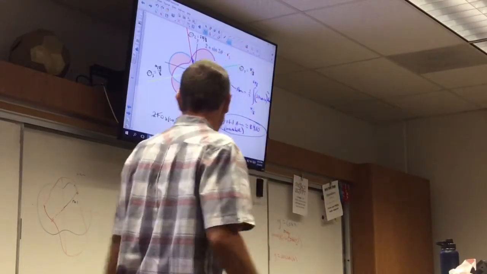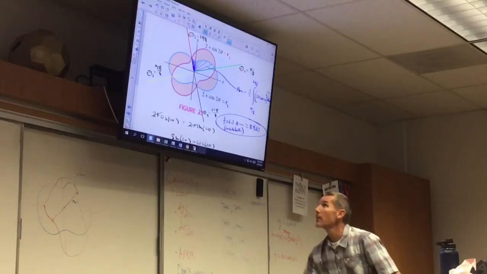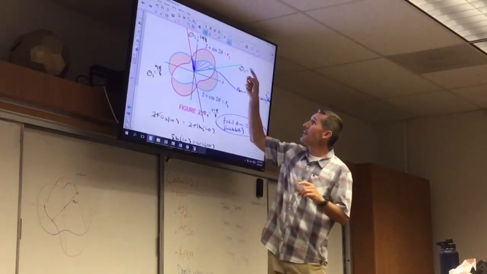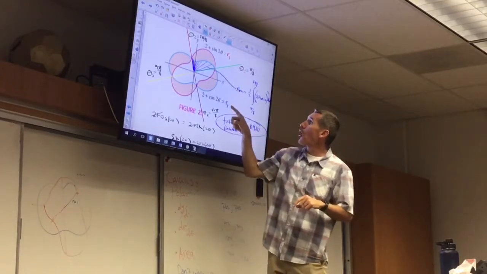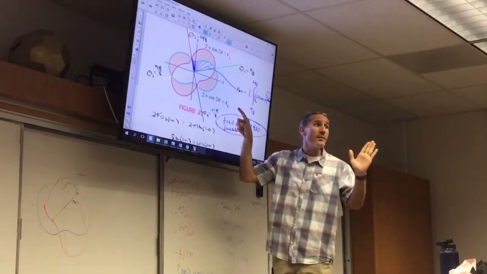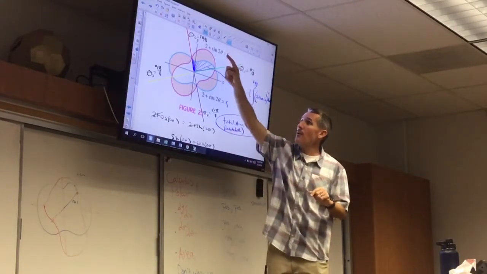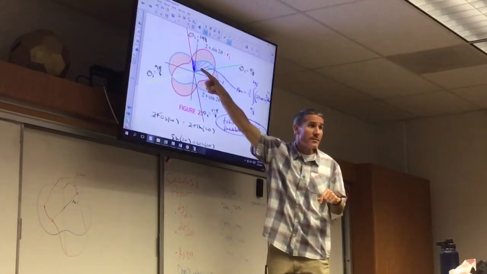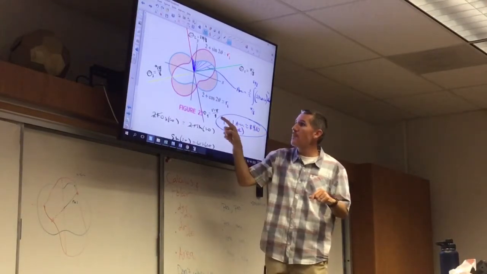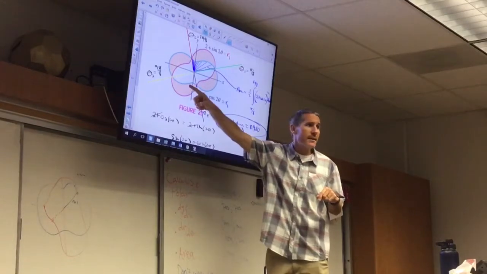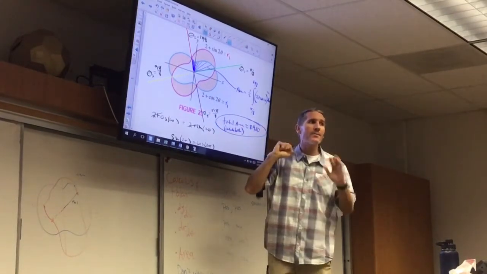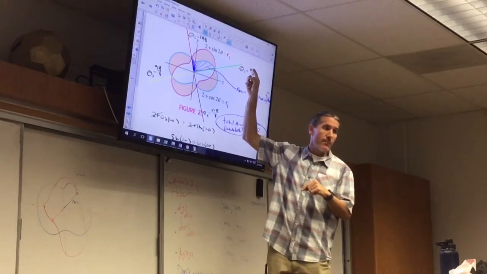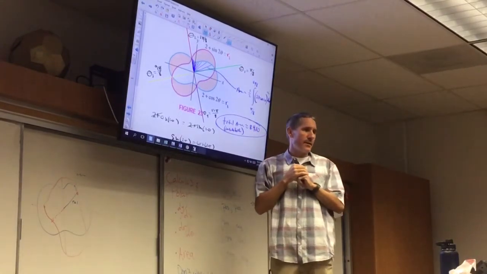Now I need you to look up here and follow what I got going on. 0.5 times the integral from pi over 8 to 5 pi over 8 of r1 squared d theta plus 0.5 times the integral from 5 pi over 8 to 9 pi over 8 of r2 squared d theta plus 0.5 times the integral from 9 pi over 8 to 13 pi over 8 of r1 squared d theta plus 0.5 times the integral from 13 pi over 8 to 17 pi over 8 of r2 squared d theta.